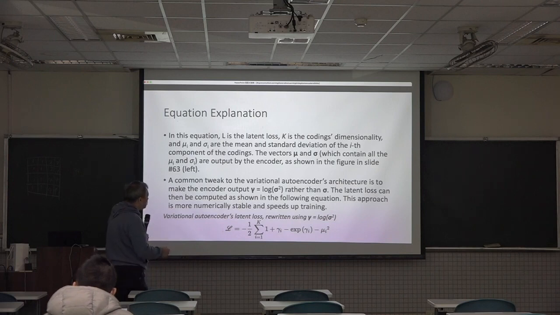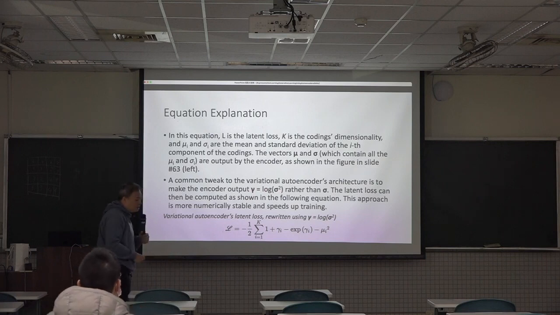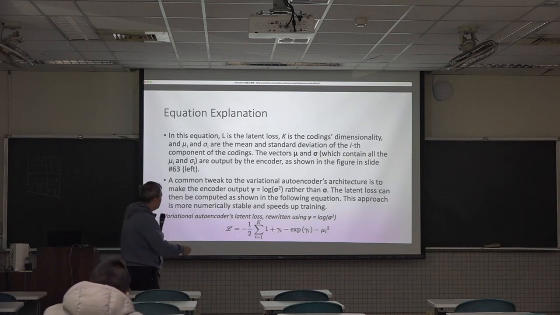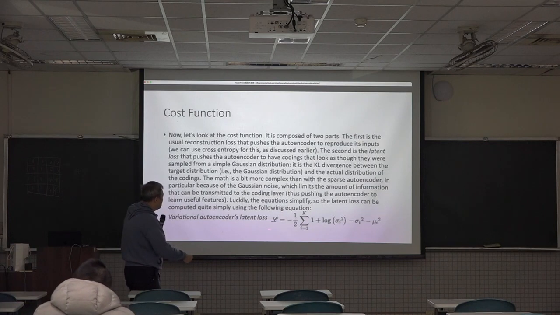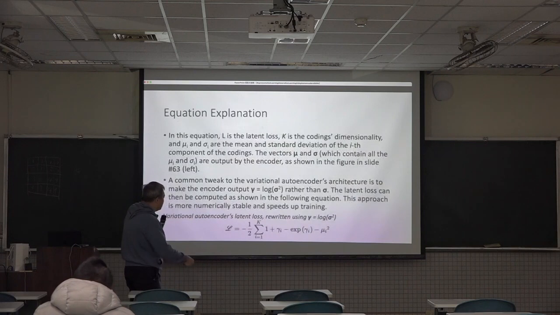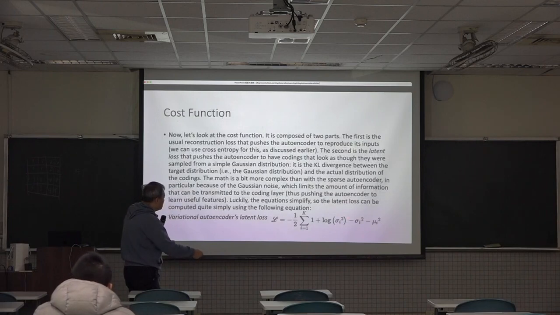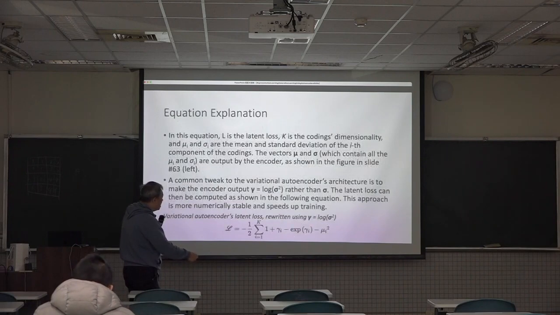We use a gamma equal to log sigma squared to replace the sigma, because when we train the model, this will actually help us to converge faster. So once you replace log sigma squared by gamma, the original function will become gamma i, and this part will be converted into exponential of gamma i.